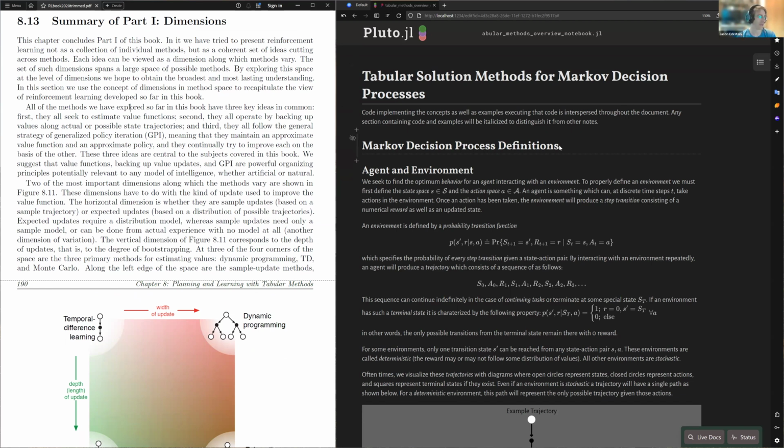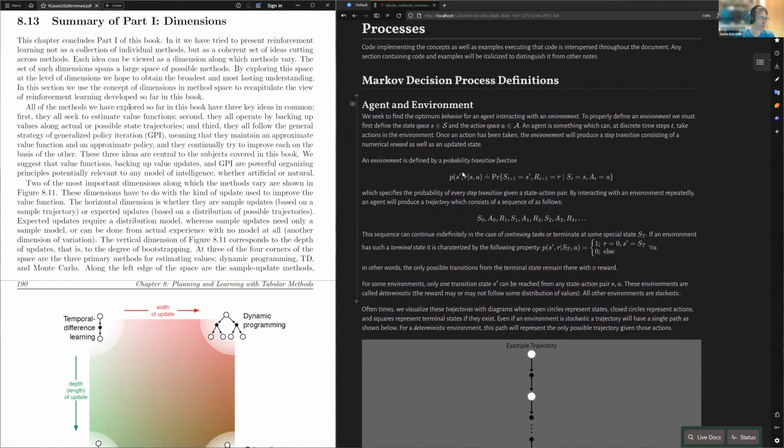But the whole book deals with so-called Markov decision processes, which are defined by this thing called the probability transition function, which tells you, for a particular state action pair, the probability of all of the transitions, which would be a new state and a reward value obtained during the transition.